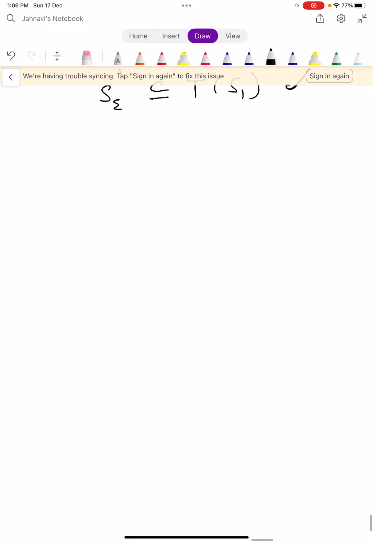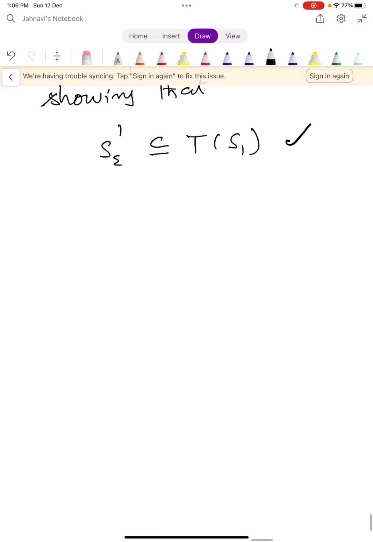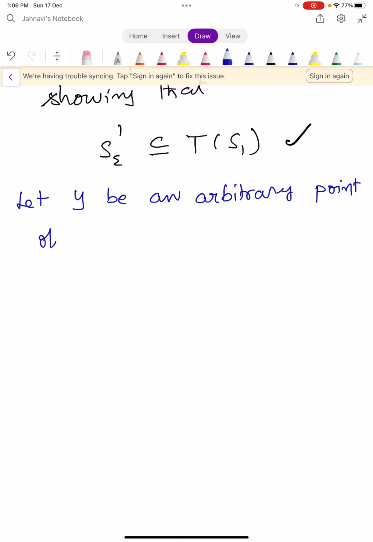To complete this proof, let us take an element y. Let y be an arbitrary point of S epsilon dash such that norm y is less than epsilon.